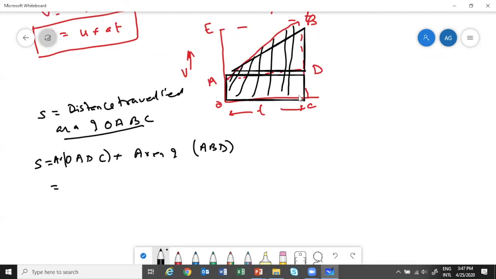The area of the rectangle is U into T, length into breadth, and the area of this triangle is half into AD into BD.